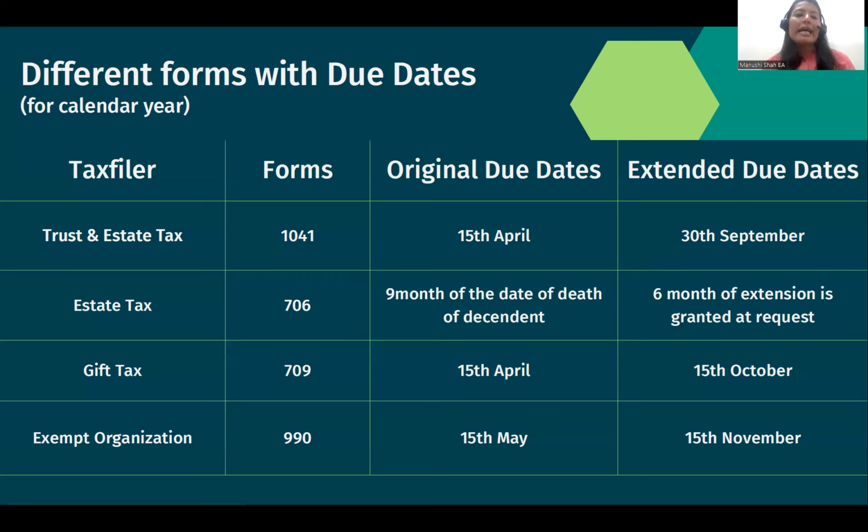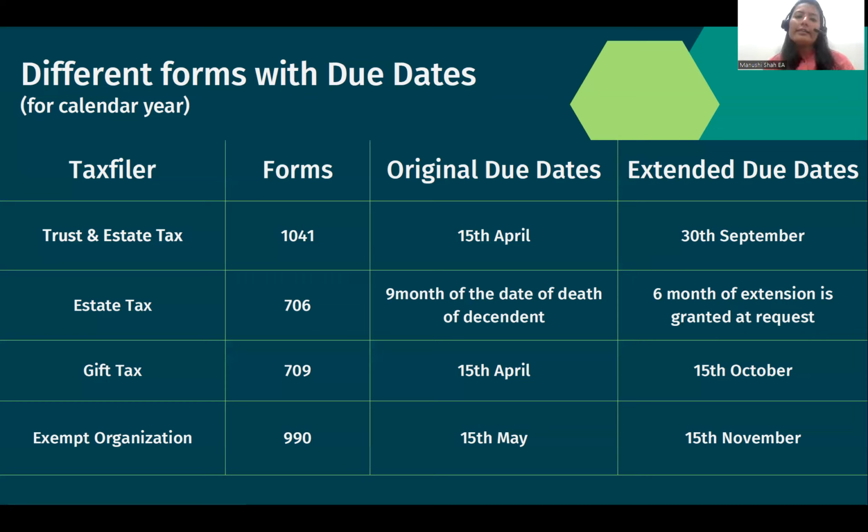So the due date will be 9 months from the date of the death of that particular person, right? If they want to take the extension, then yes, a 6-month extension can be granted, but upon request to the IRS.